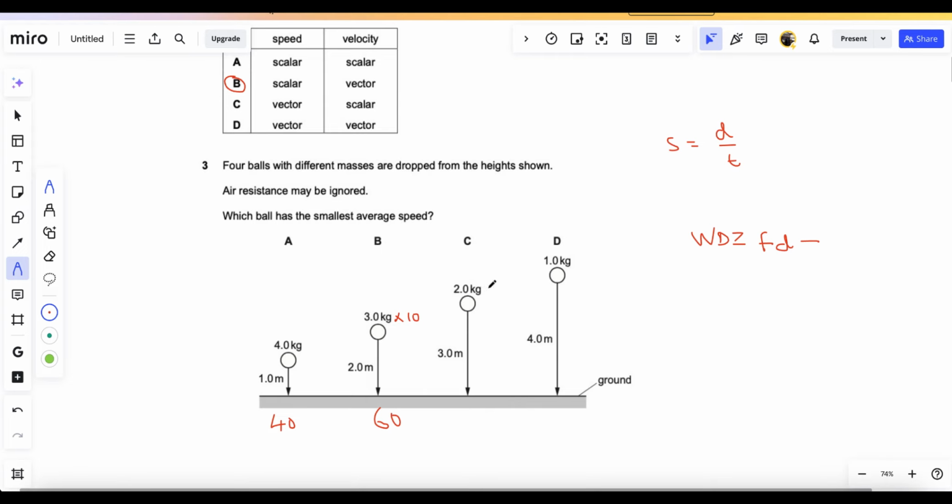This one will be 20, 2 times 10 for the weight, then times 3 to get the work done, 20 times 3, you also get 60. This one, 1 times 10 is 10, times 4, you get 40 also.